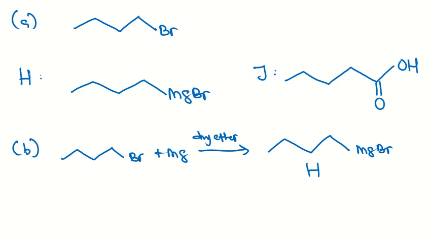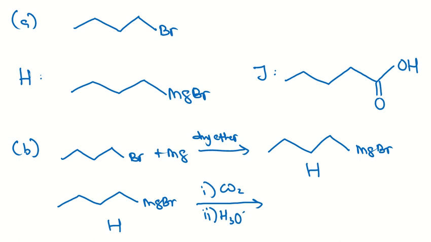Okay, this is compound H. And then compound H reacts with carbon dioxide followed by acid hydrolysis to produce compound G, which is carboxylic acid. Okay, this is compound G.